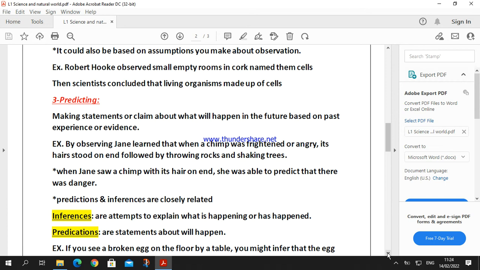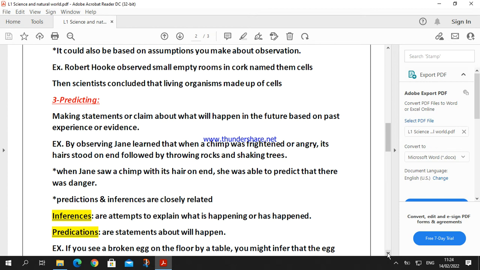So the chimp does these actions when it feels threatened, scared, or angry. When Jane saw a chimp with its hair on end, she was able to predict that there was danger around the chimp.